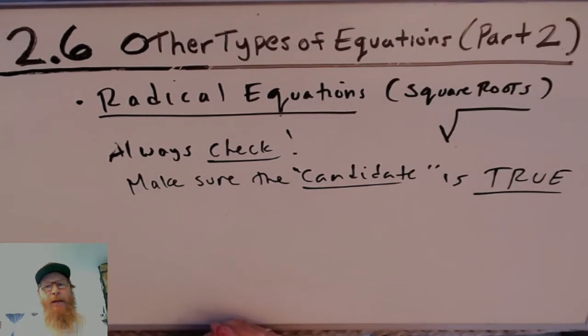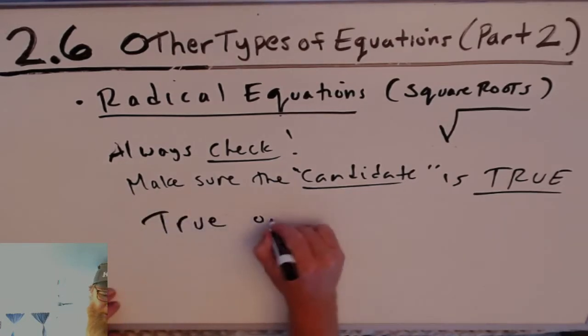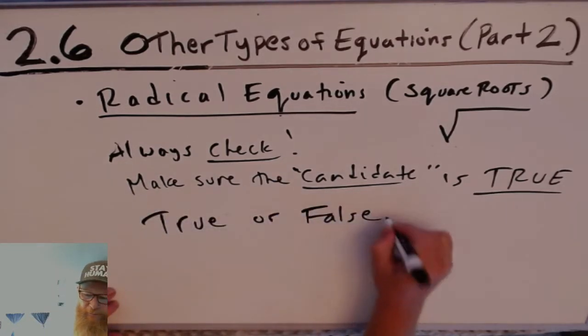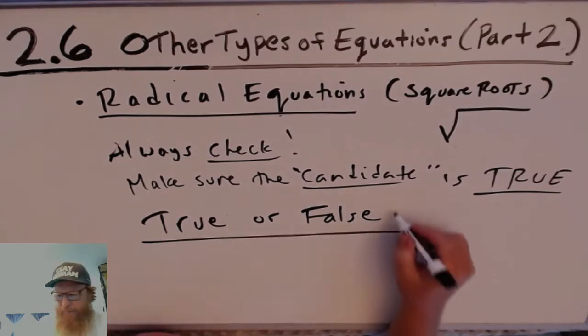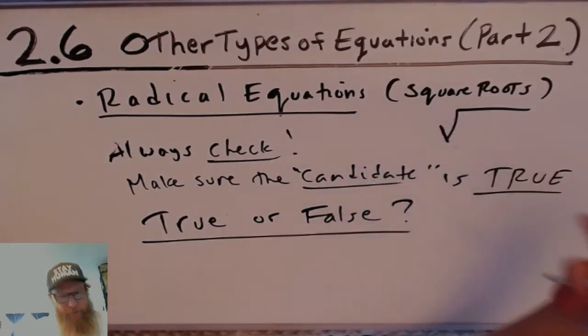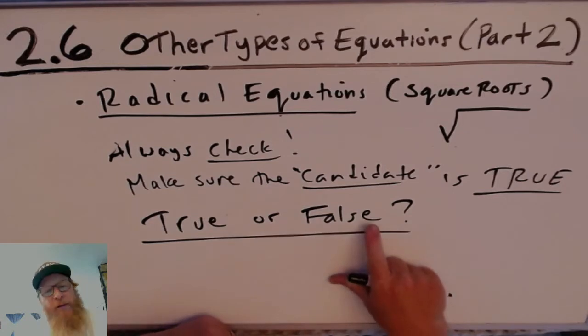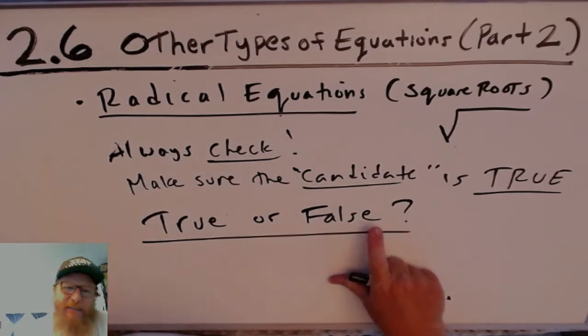Before I actually solve any problems, let's just talk about whether or not something is true or false. In the first part of this section, we were talking about rational equations, and a rational equation is typically false when you divide by 0.